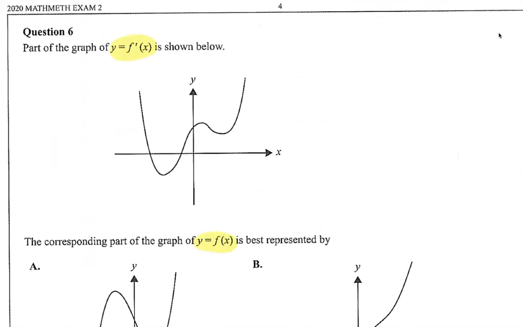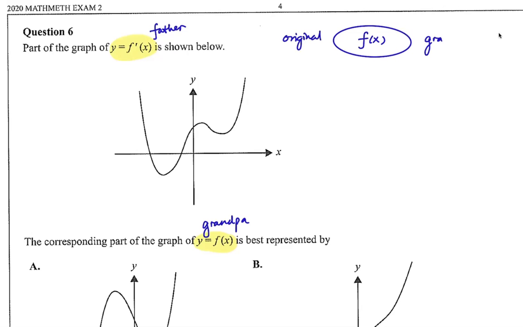Let's say this one is grandpa. He is the grandpa. He is the father. Well, I always use this analogy. F of x, the original function, is the granddad.